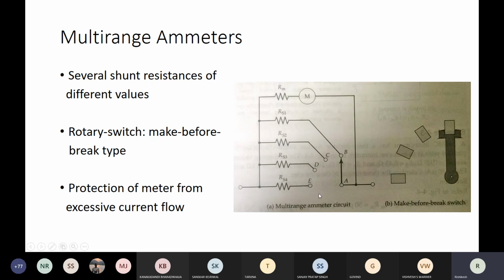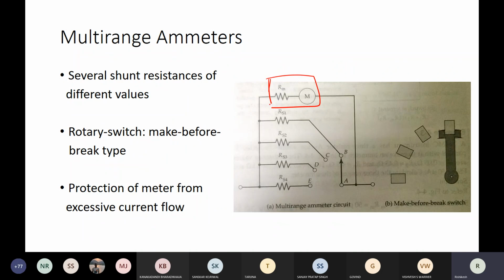So in this example, the multi-range ammeter circuit is shown, where there are several shunt resistances of different values. These remain the same. This is the meter, and in parallel with this, depending on the choice of the user, different resistances are connected. So for each value of the shunt resistance, you will get a different range which the meter can measure.